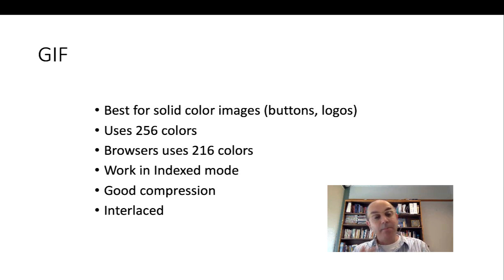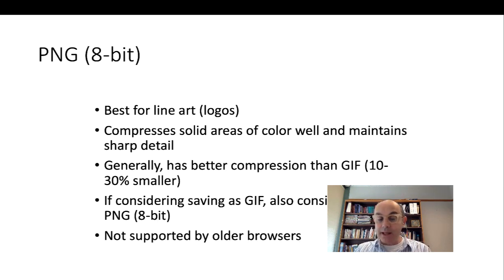GIF is a little bit less high quality than the JPEG. It uses only 256 colors, but it has a good ability to be condensed into a small size or weight, and that's why many people use it. But again, the quality is sometimes a problem.